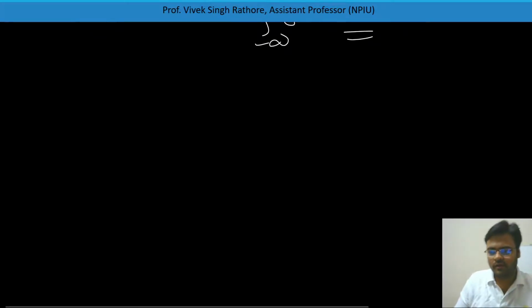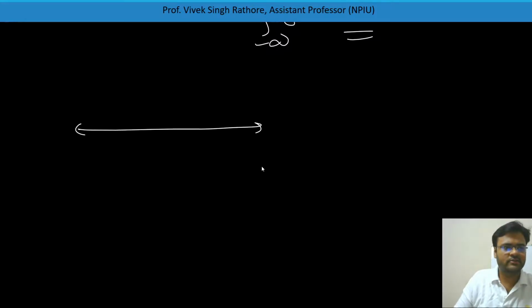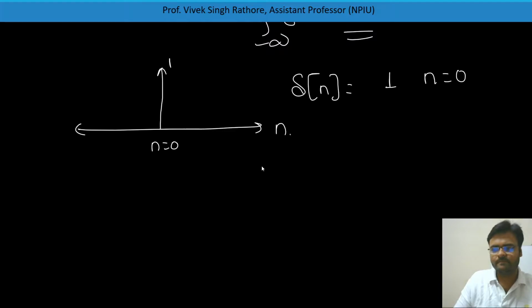Now for the discrete domain, how can we write it? The value of the impulse signal will exist at n equal to 0 only, and the value will be 1. So delta n can be written as 1 for n equal to 0, and 0 for n not equal to 0.